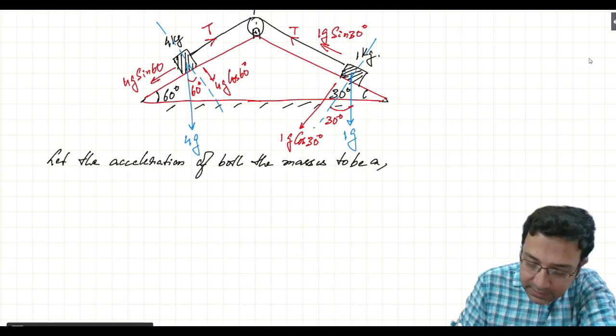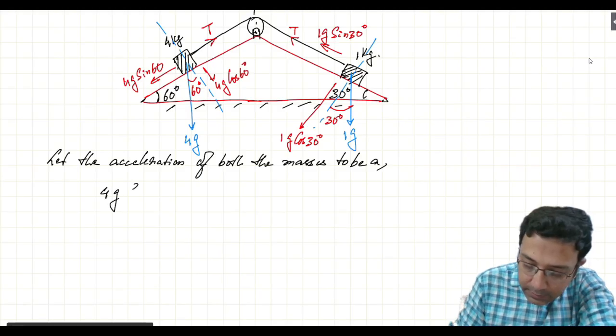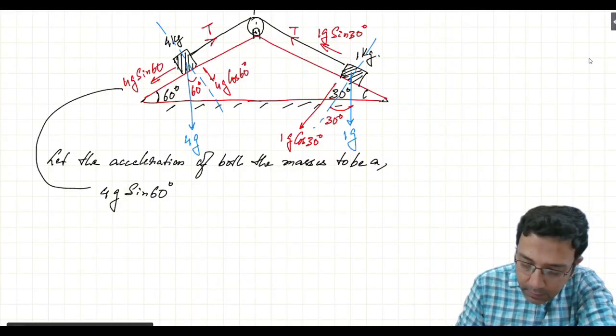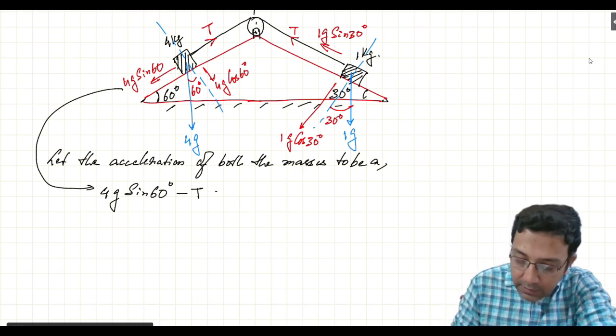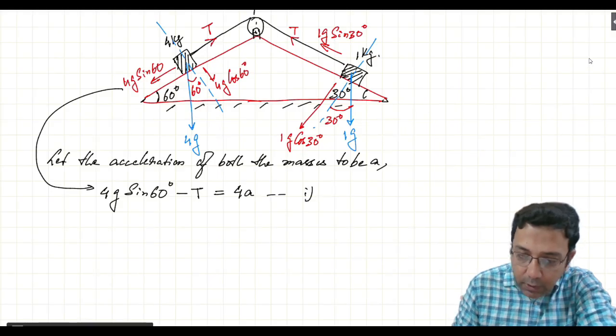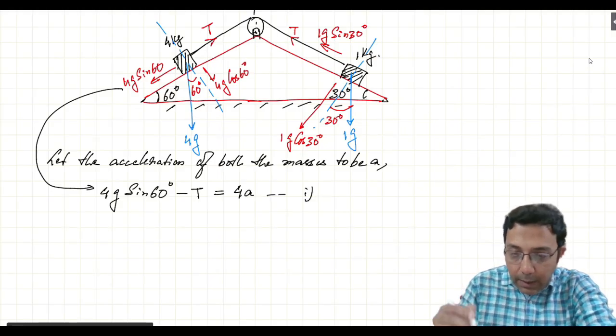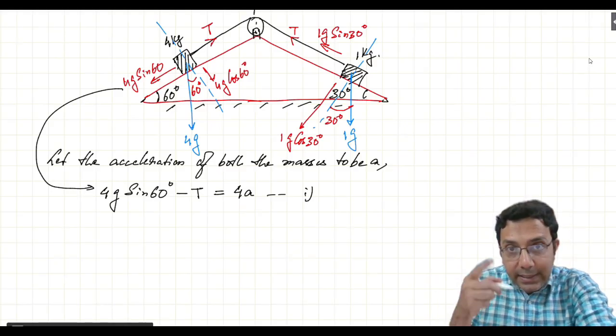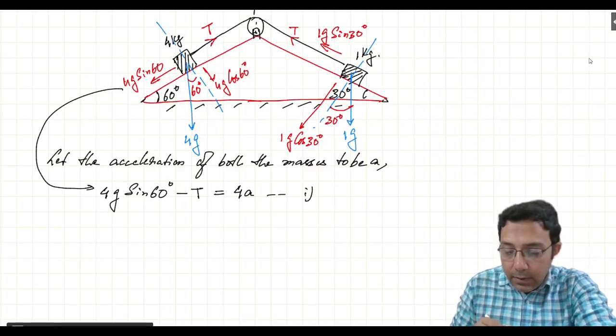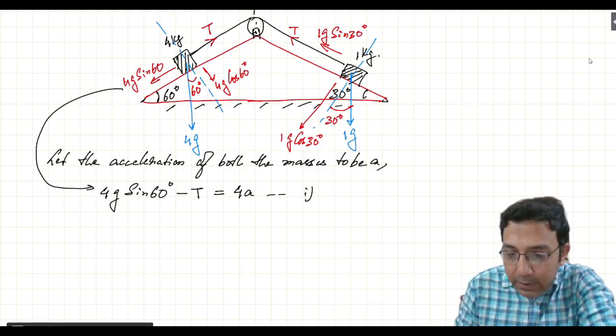So 4g sin 60 minus T, the body is going down, so that should be equal to 4a. This is my equation 1. And the other body is going up, so on the right side, T is greater than mg sin 30.